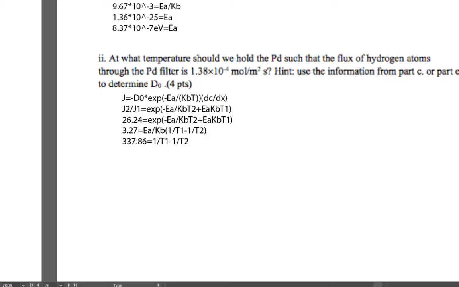So we know that J2 over J1 would equal that over that. And from the D2 over D1, we can actually just cross out the D naught to get the exponentials only. And then we use the crazy maths to find out that that is that.